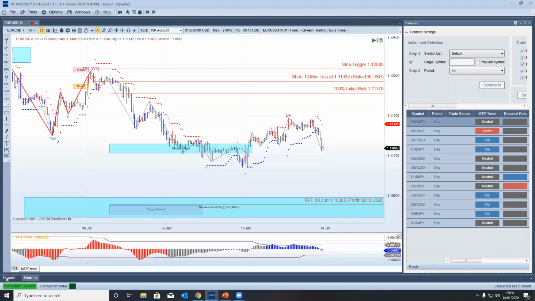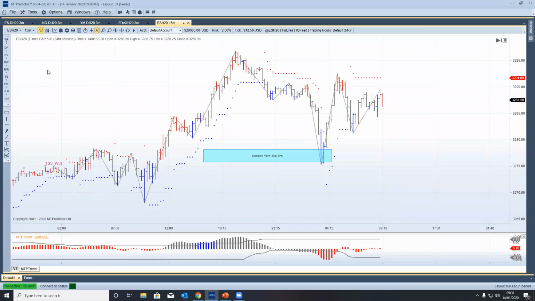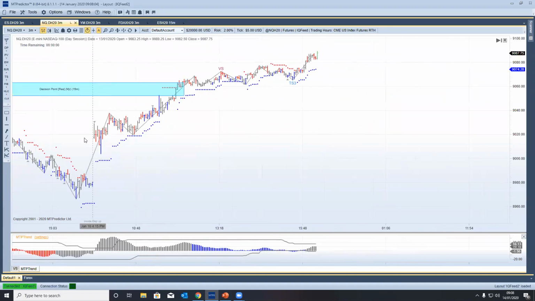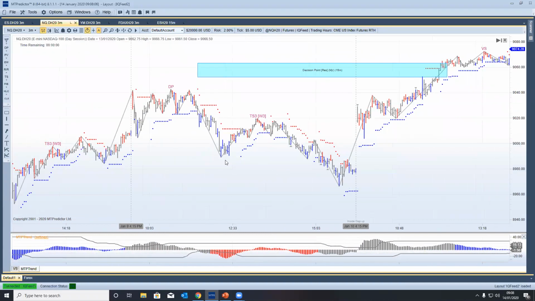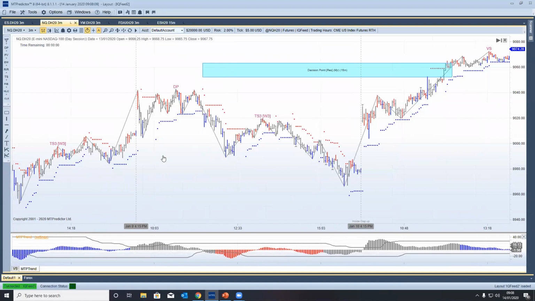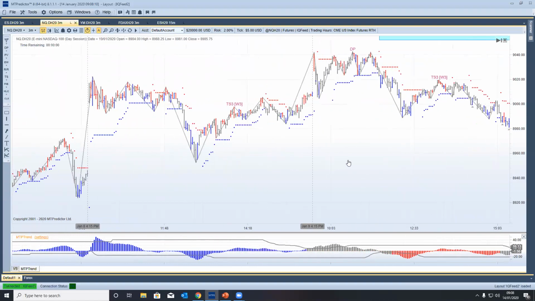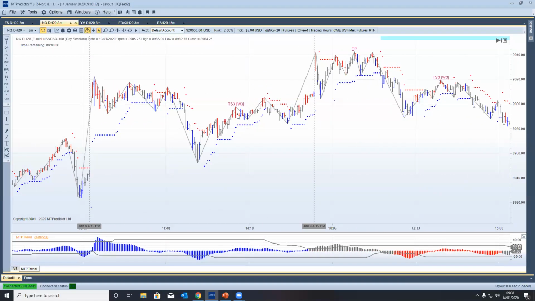On a personal point here, just want to go back. I was looking at, where was it? That's right, some trades here on the NQ, which was a losing trade. I know this was against the blue MTP trend, but actually that was a higher time frame resistance.